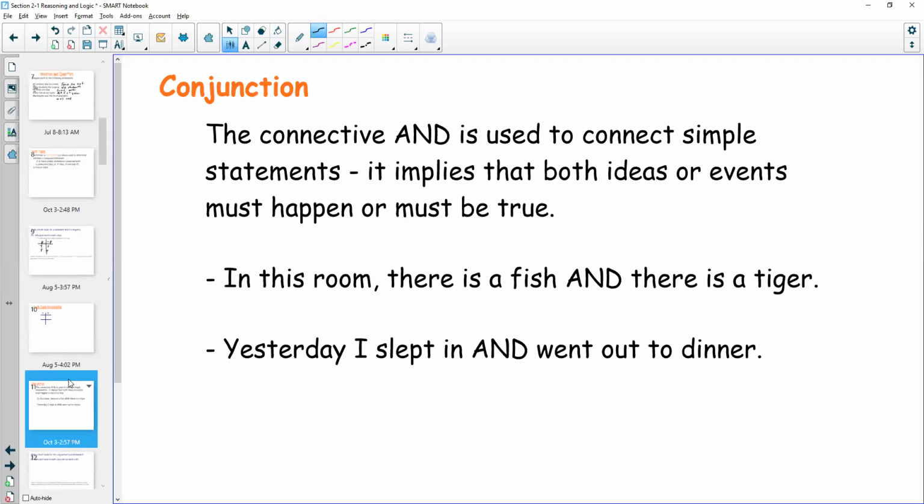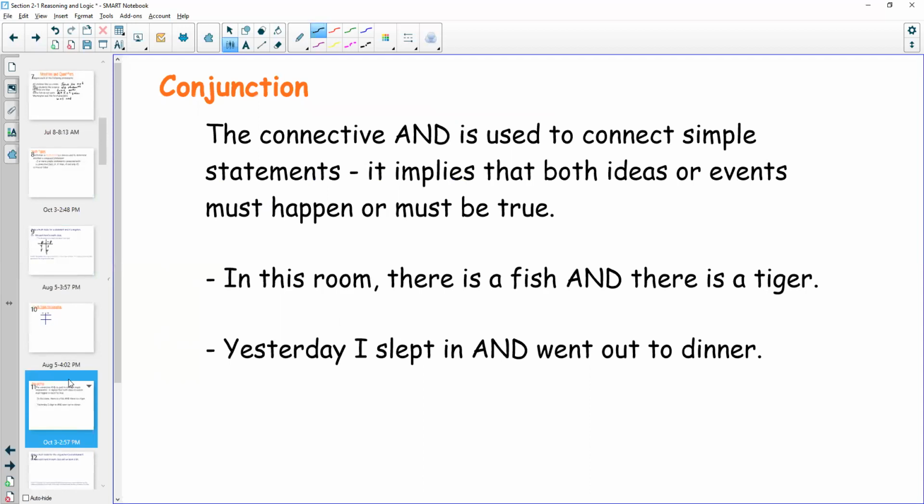Or if there's a tiger and no fish, I lied to you. Or if there is neither, I lied to you. So for that statement to be true, both of those things have to be in my kitchen: there needs to be a fish and there needs to be a tiger.